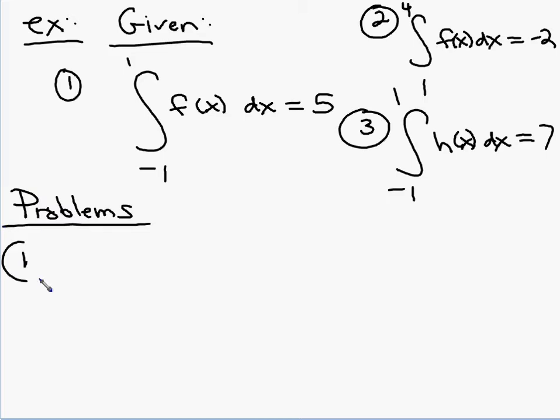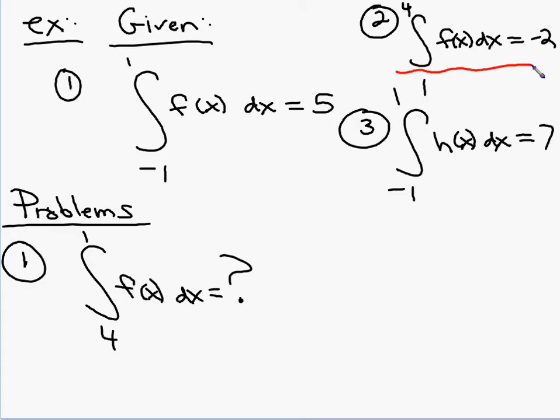Number one, what is the integral from 4 to 1 of f of x dx? We don't need a function. So look, wasn't I given what the integral from 1 to 4 was? Didn't they just flip the limits of integration? So don't I just multiply by negative 1?